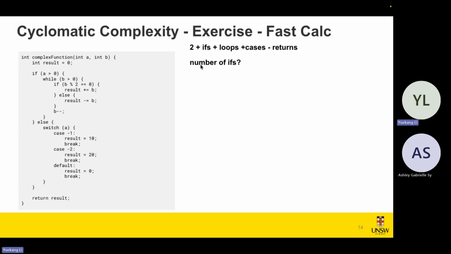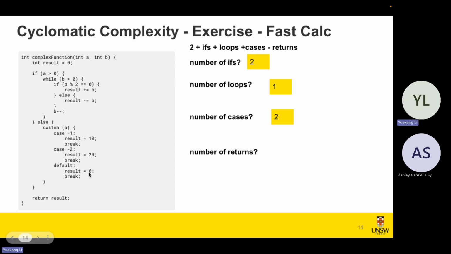So what are the number of ifs here? We have 2 ifs, right? So how many loops do we have? 1, right? So the key is how many cases do we have? Does default count as a case?